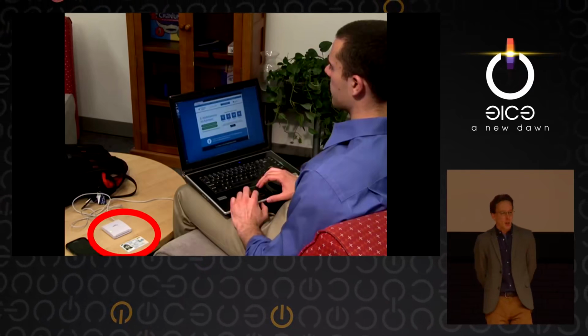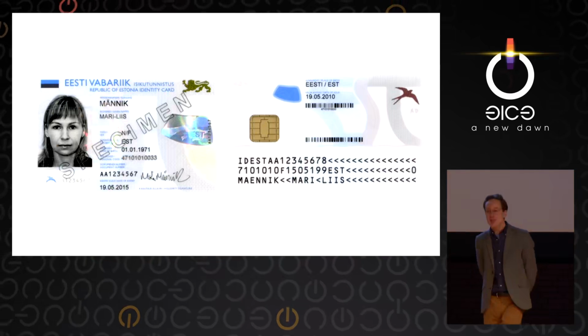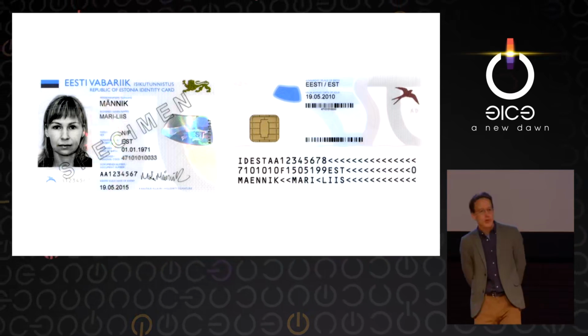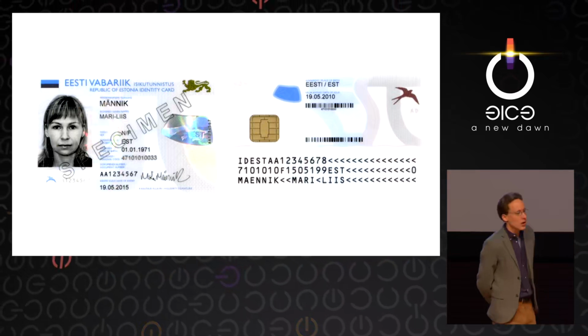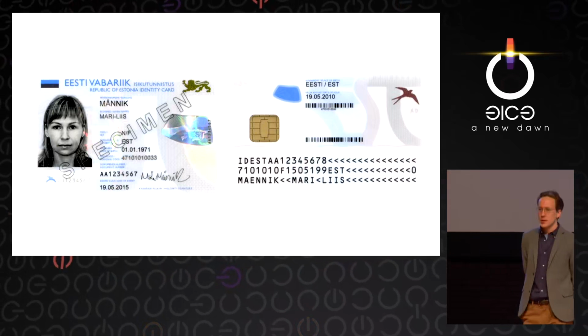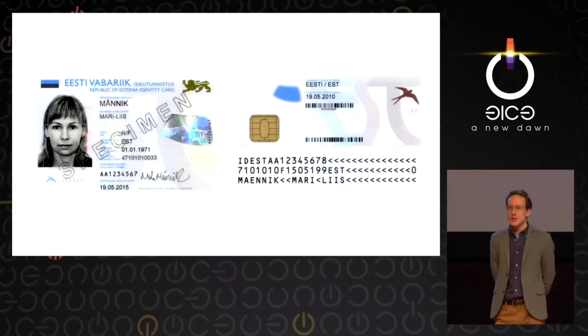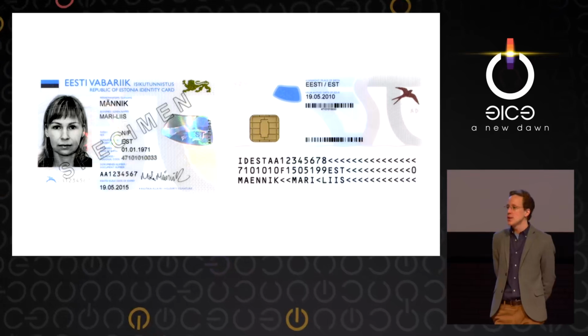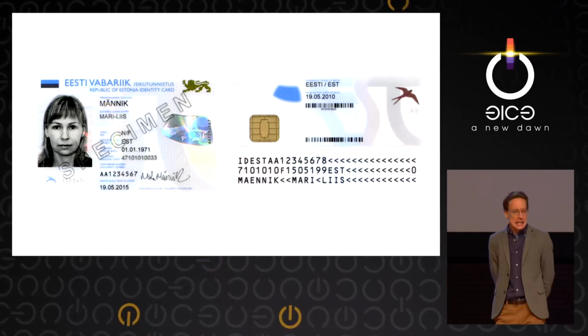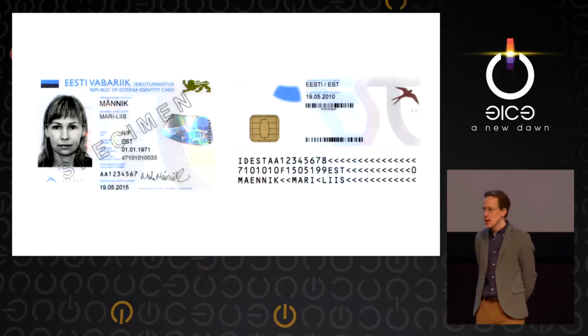What's that? Well, one of the really interesting things that Estonia has done with computer technology is that their national ID cards are all smart cards. In fact, every citizen in the country has one of these IDs that has a pair of RSA keys embedded into this chip.